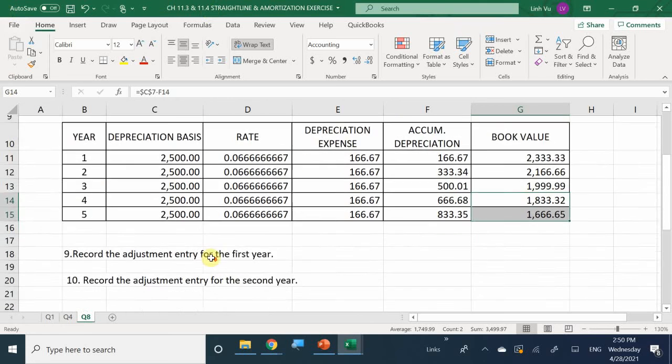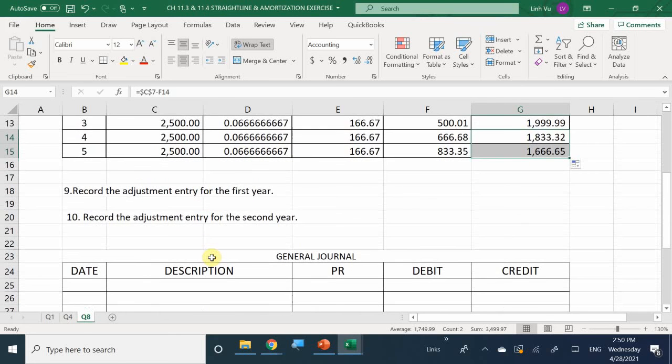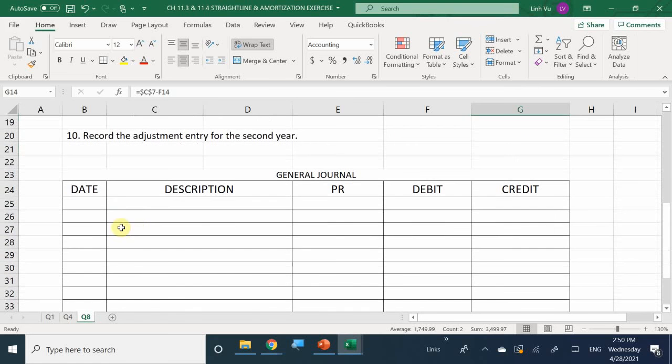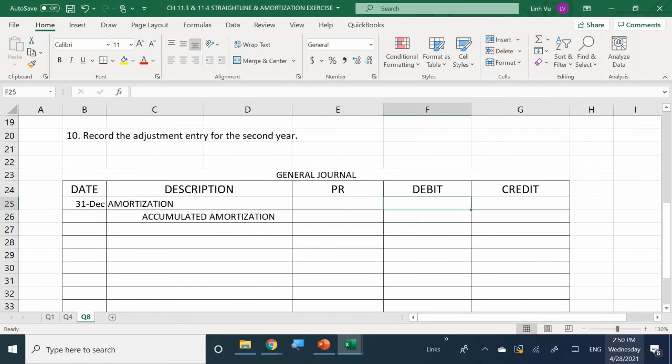All right, so now the last 2 questions: we're going to amortize for the first and the second year. So what should my journal look like at the end of the first year? It would be the amortization expense and accumulated amortization. All right, for how much? 166.67.